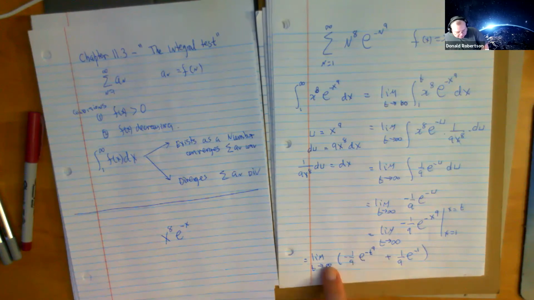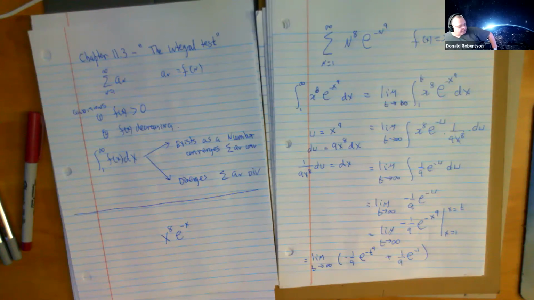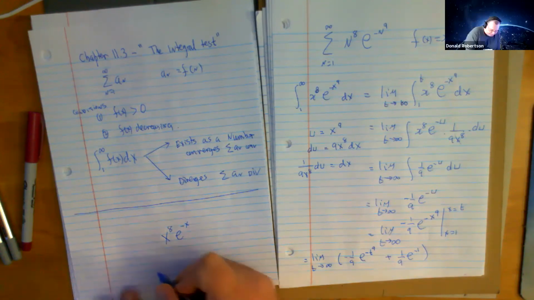If you plug infinity in here, what does e to the negative infinity look like? James? E to the negative infinity. Looks like you're going to say something. Isn't it still e to the negative infinity? Or, sorry, negative infinity? Well, let's find out.